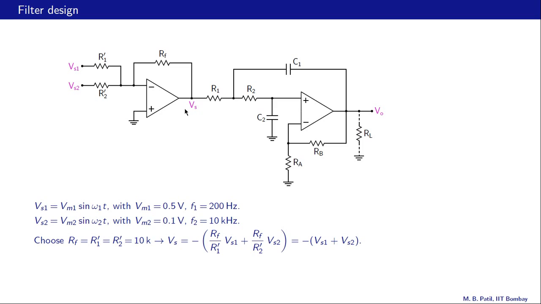So Vs is given by minus Rf over R1 prime times Vs1 plus Rf by R2 prime times Vs2, and we can choose all of these resistances to be equal, say 10K, and then we get Vs1 plus Vs2. This minus sign is not really important in this problem.